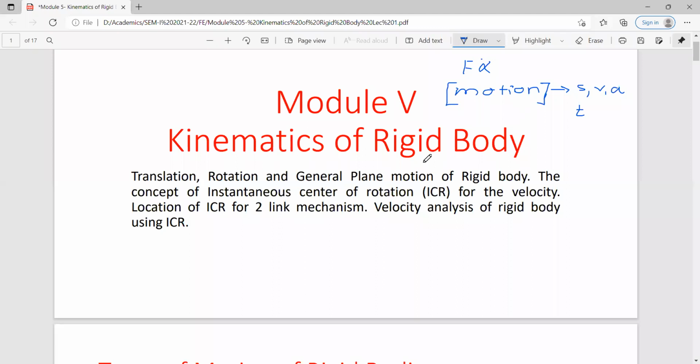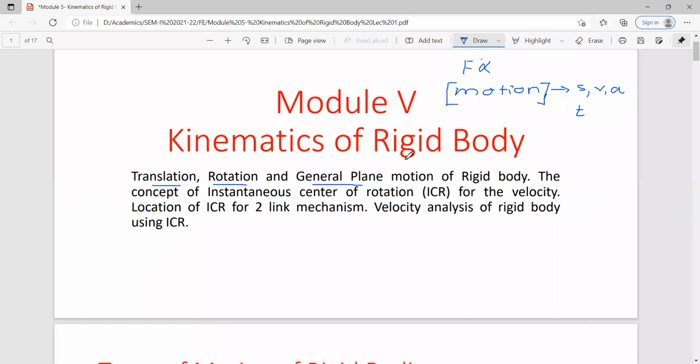Okay, so in this particular module, we are going to cover different types of motions like translation, then how rotation is different from translation. Then there is another kind of motion which is known as general plane motion.